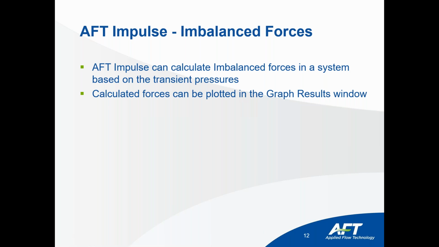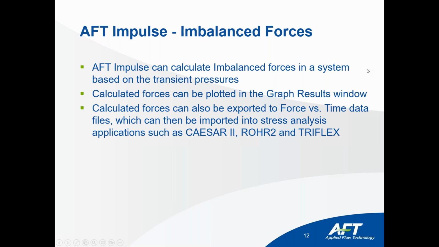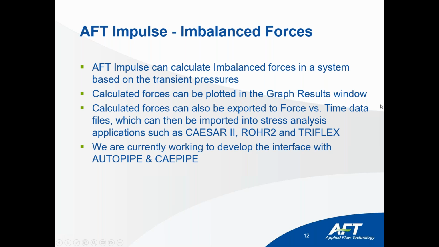You can examine the forces. Calculated forces can be exported in force-time data files, which then can be imported into a pipe stress program application such as Caesar II, ROHR2, and Triflex. Right now, we're working with Bentley and KPipe to create an interface with AutoPIPE and KPipe. Hopefully, we'll be offering it soon.